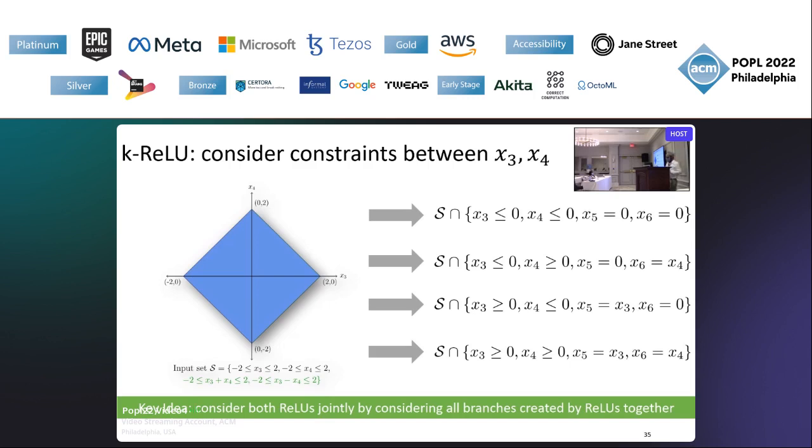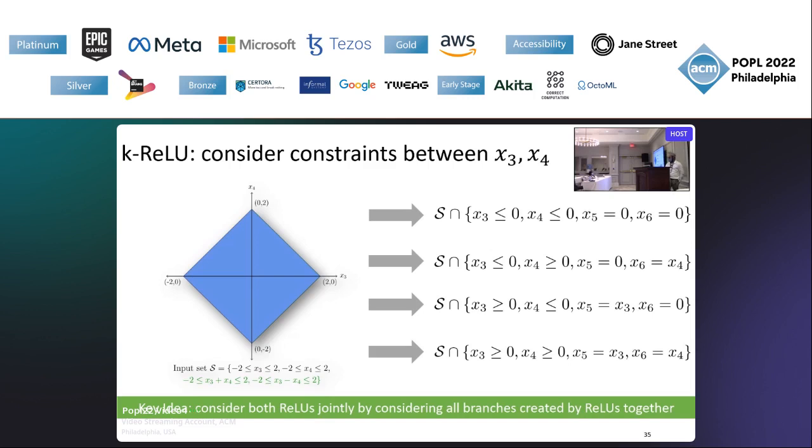Then again, we take the input set and intersect it with the second path, where X3 is negative and X4 is positive, and so on with the 4 paths. So you get 4 sets computed by this intersection. This intersection is exact, because if you have polyhedral shapes and you intersect them, the intersection is exact.